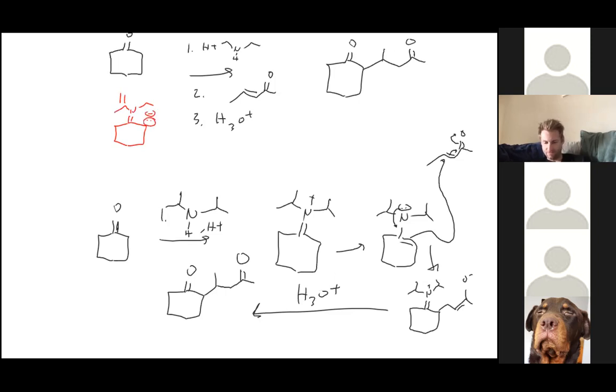We attack at this position, which means that there is still another methyl here that's just kind of floating off. So that methyl correlates to this one here.